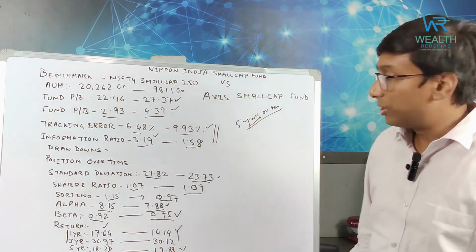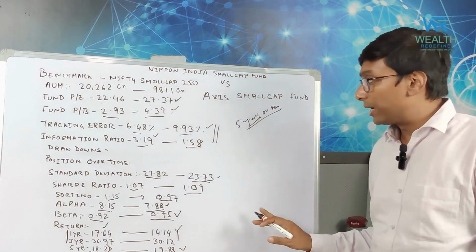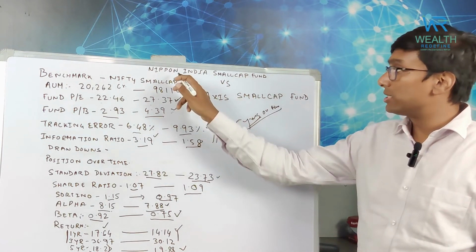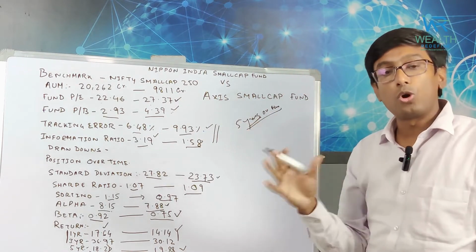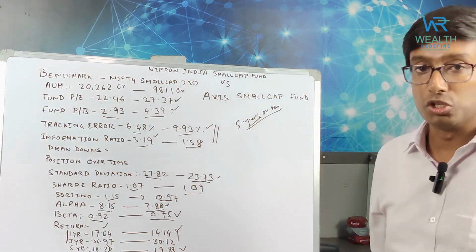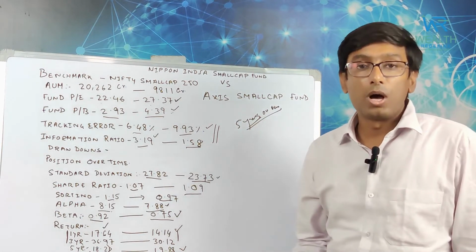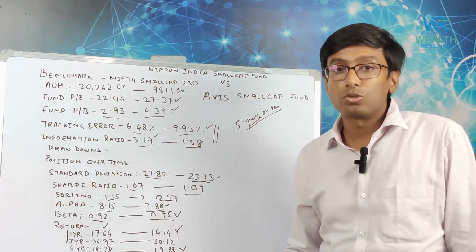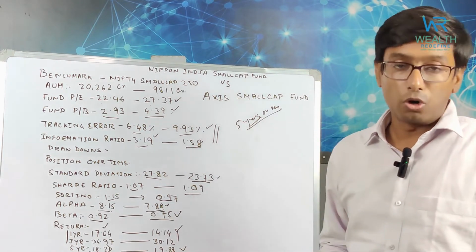So overall, you can say at this point of time Nippon is in a much more favorable position, but we do not know. Fund managers regularly change their positions. They may invest into a good stock or a bad stock, and obviously the fund will not perform that way.